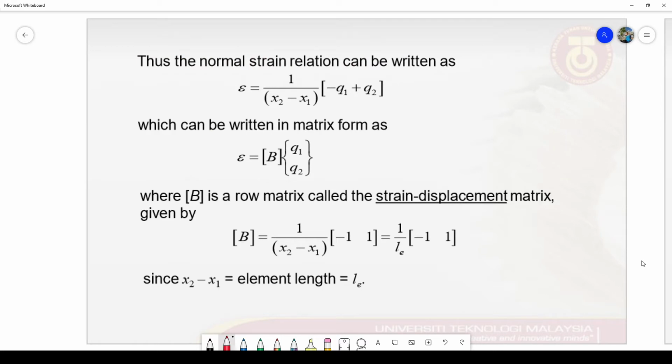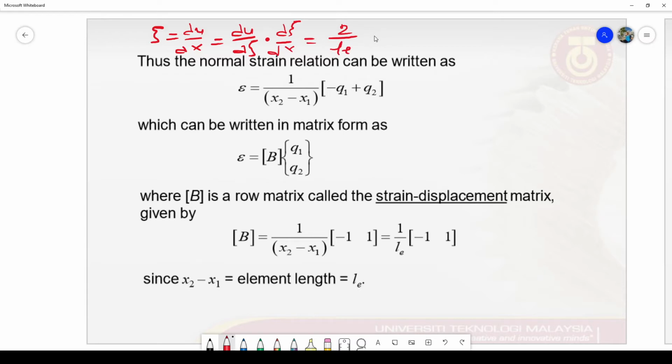Thus, from that, the expression for epsilon equal to du over dx can be written as du over dz multiplied by dz over dx, which is equivalent to 2 over le.